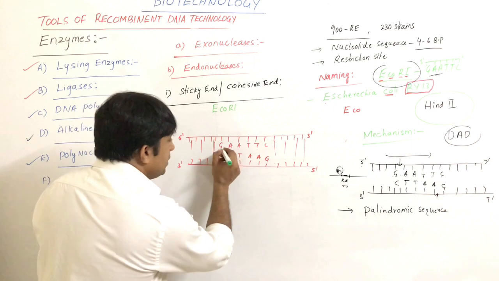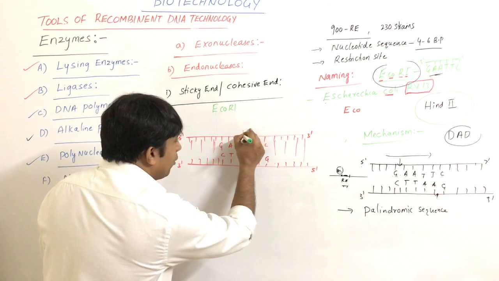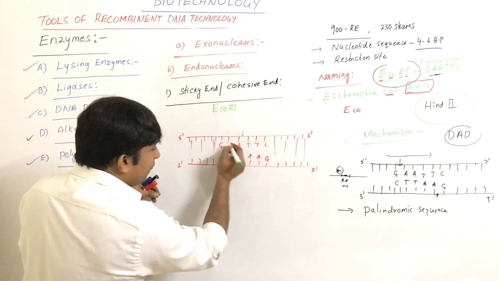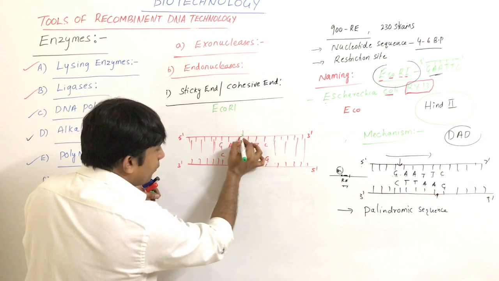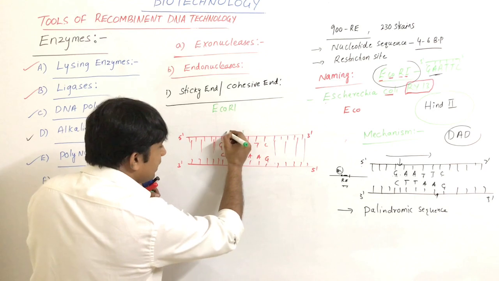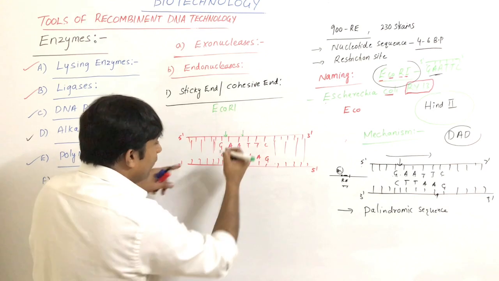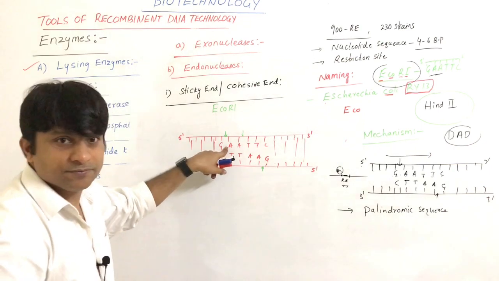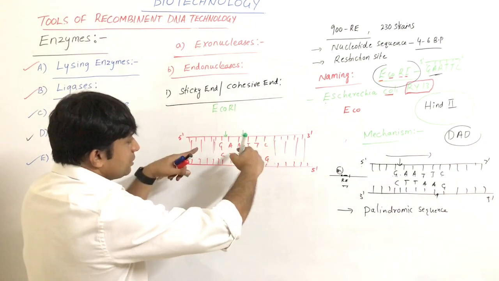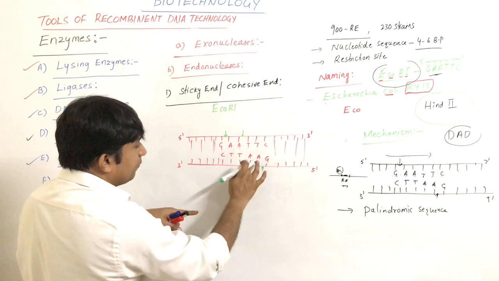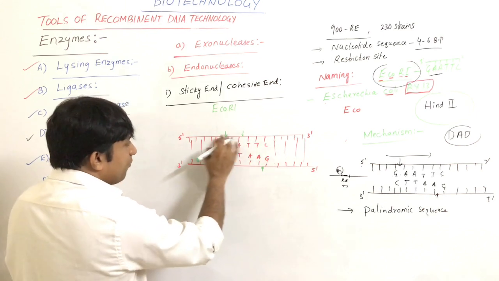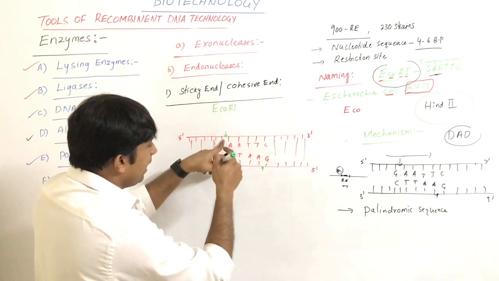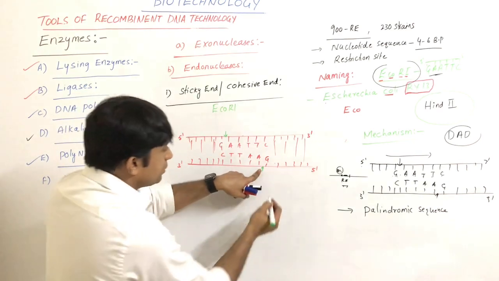Look here, this is the center of the palindromic sequence. So EcoR1 cleaves this palindromic sequence a little away from the center, on both strands, making a cut at GA end, and on this strand also GA end.